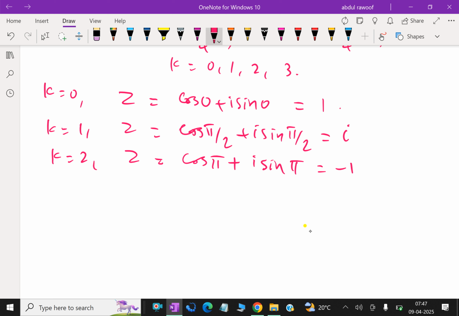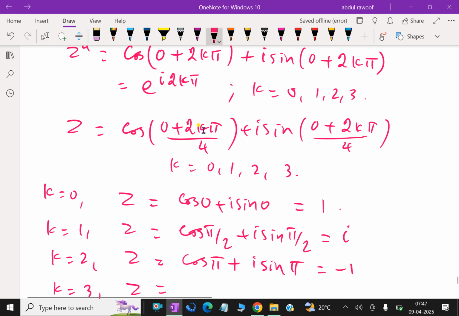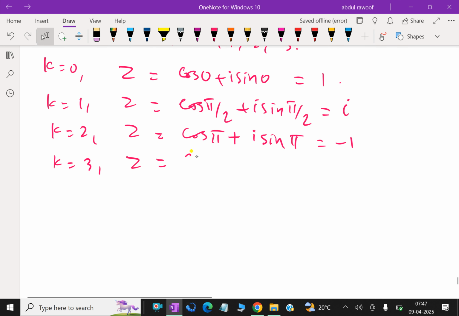Then k = 3: 2 times 3 is 6, so 6π/4 is 3π/2, and z = cos(3π/2) + i sin(3π/2), which gives −i.